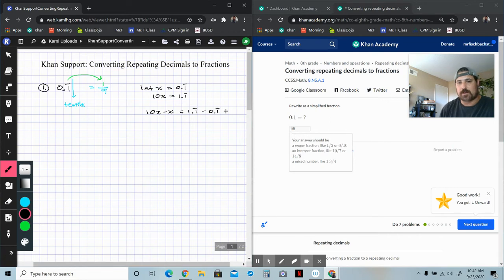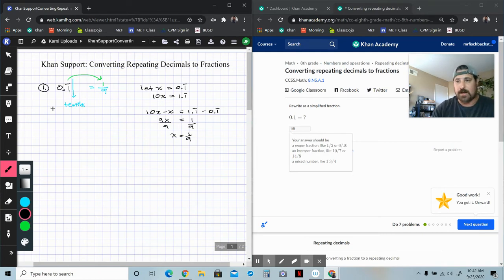And so the repeating element goes away. So what you're left with there is 9x is equal to just the 1. And so now when you divide both sides by 9 to solve for x, you get the value of 1/9, which is equivalent to 0.1 repeating, right? So this is the algebraic justification for the answer.